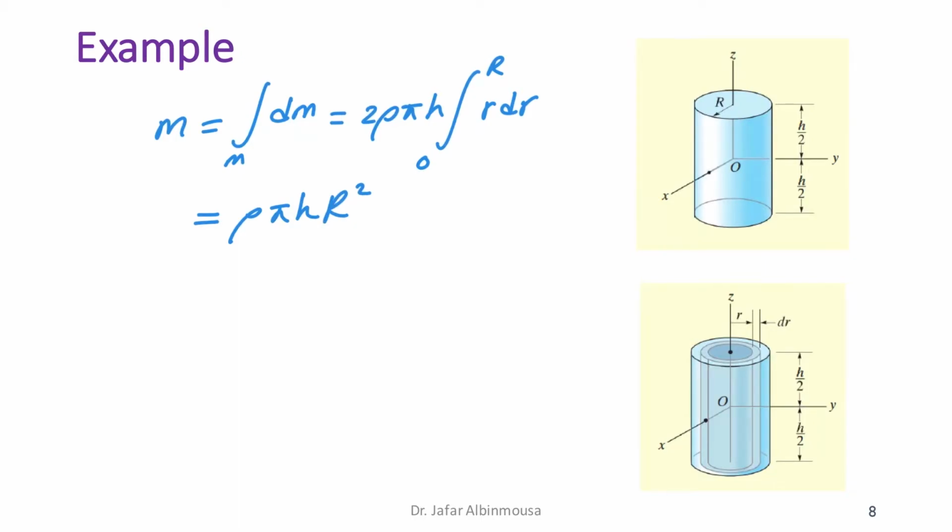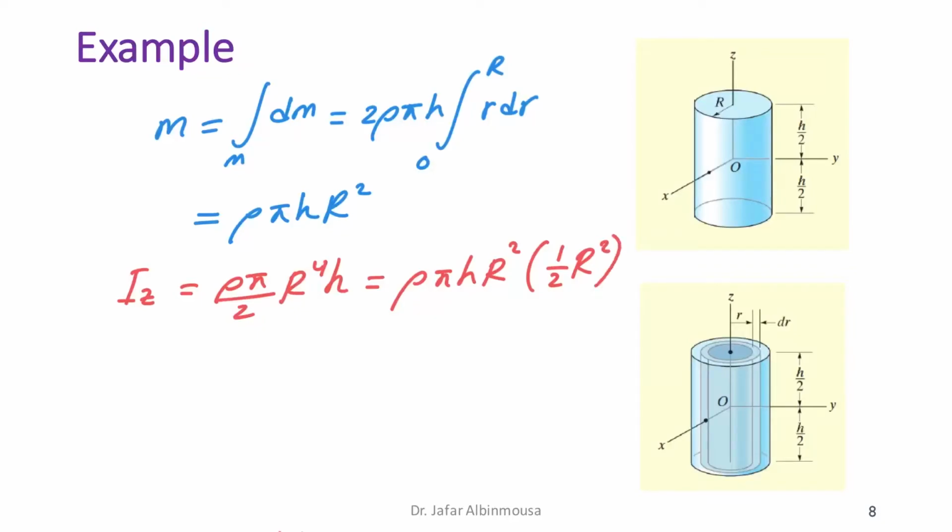Now from the previous slide, we showed that Iz is equal to rho pi over 2 r to the power 4 h. Now I will rewrite this as rho pi h r squared multiplied by half r squared.